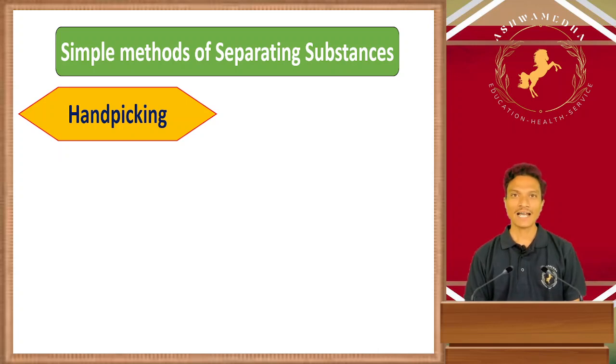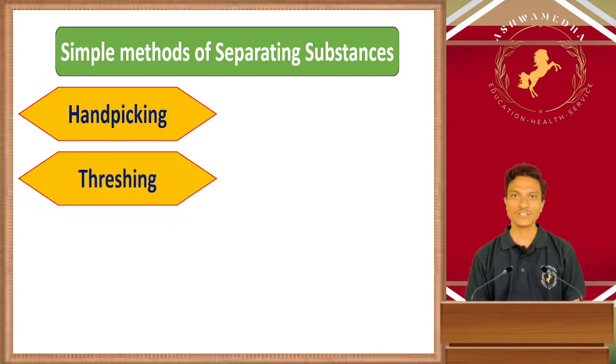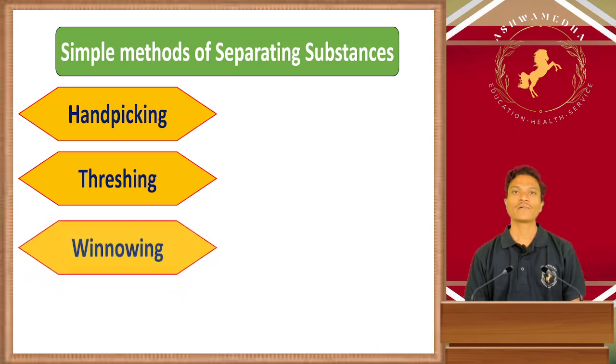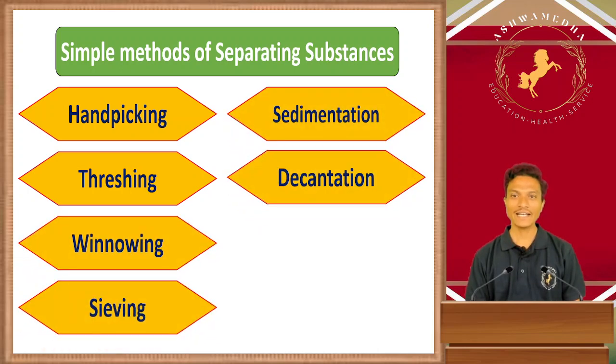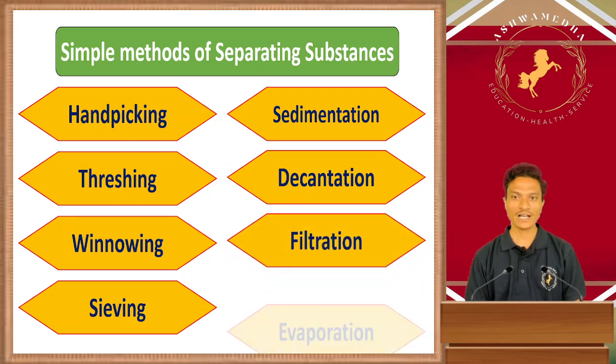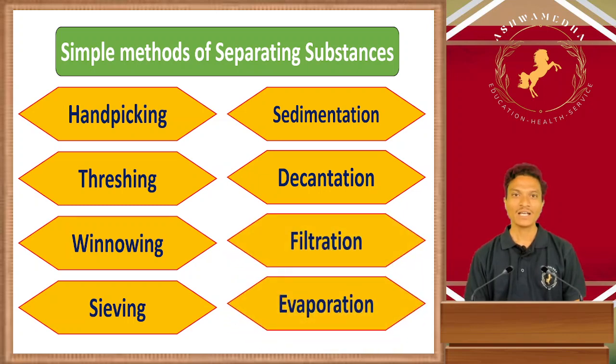Which are the methods? Hand picking, then threshing, winnowing and sieving, then sedimentation, decantation, filtration and evaporation. These are the 8 simple methods of separating substances we will be learning in today's class, in this chapter.